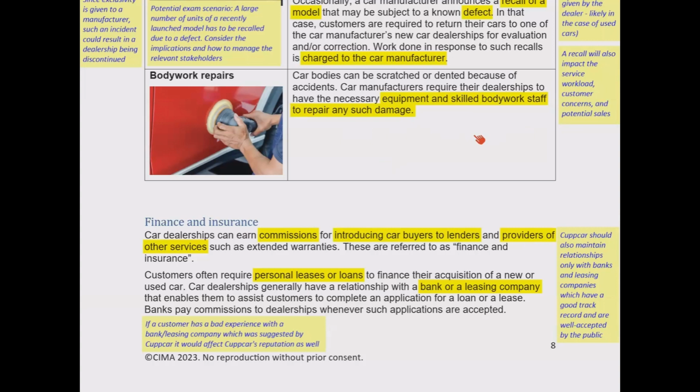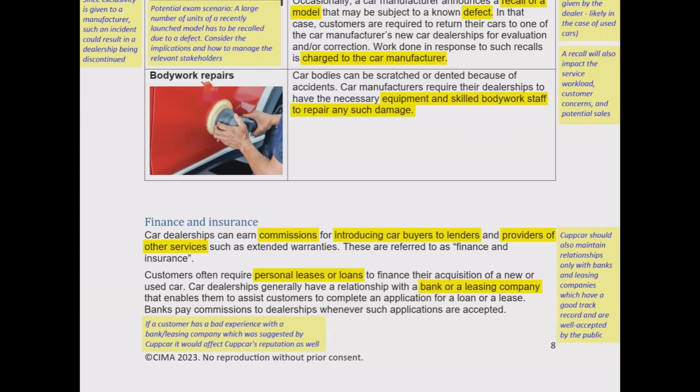And I know when I bought my car, just a thought for you, the dealership I went to did not have a bodywork repair facility. They had a third party they were in partnership with. I'm thinking F2 joint ventures now.